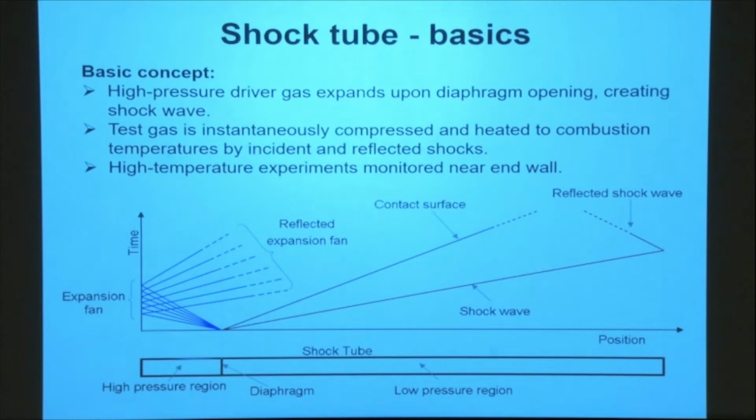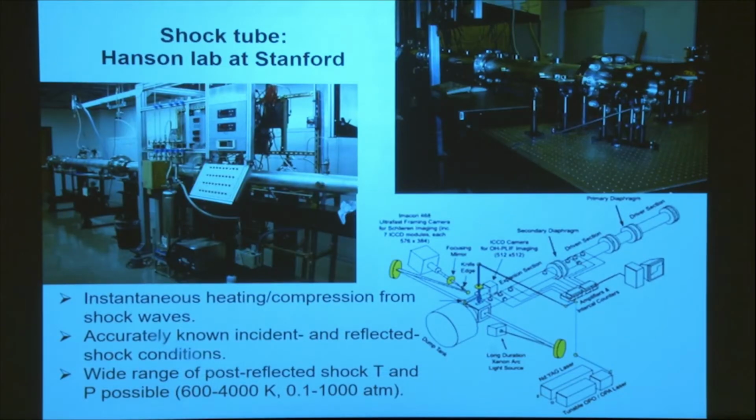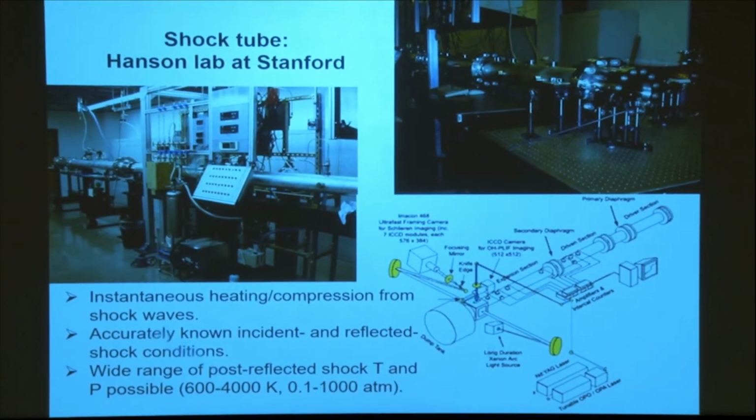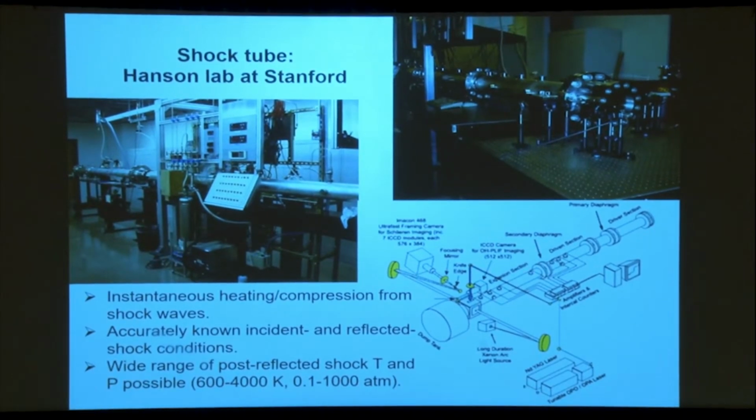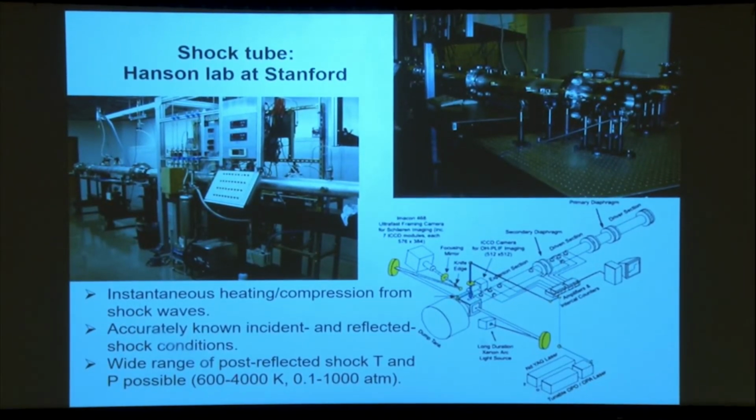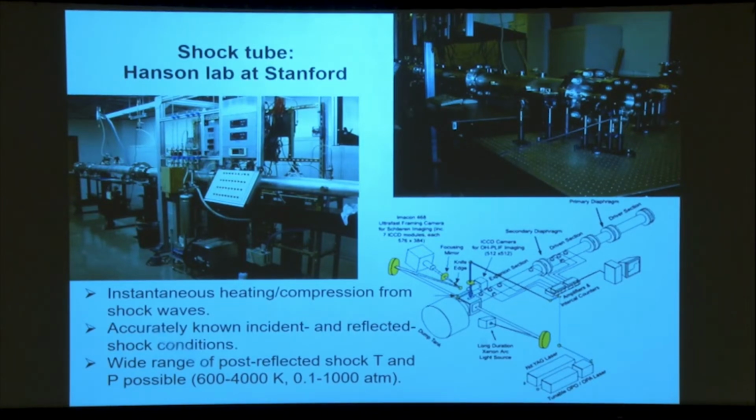Ron has really expanded the conditions over which shock tube measurements can be taken. Down to 600 Kelvin is now really overlapping with the region of the rapid compression machine to measure ignition delays and also kinetics. So a very wide range of conditions and a very wide range of pressures.